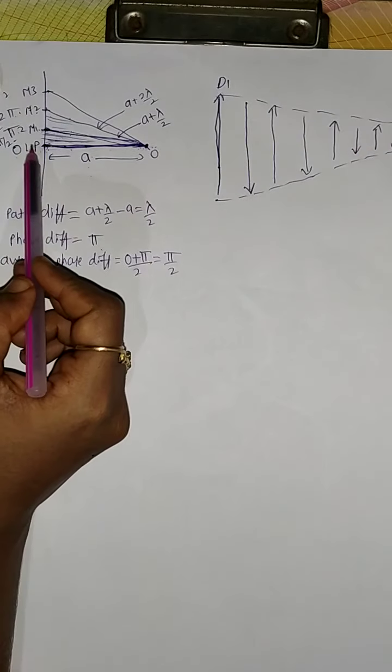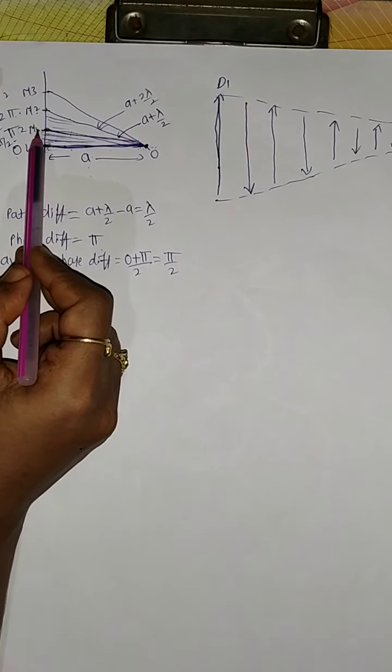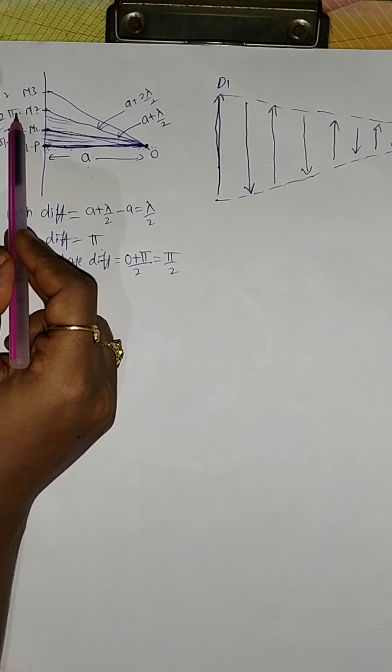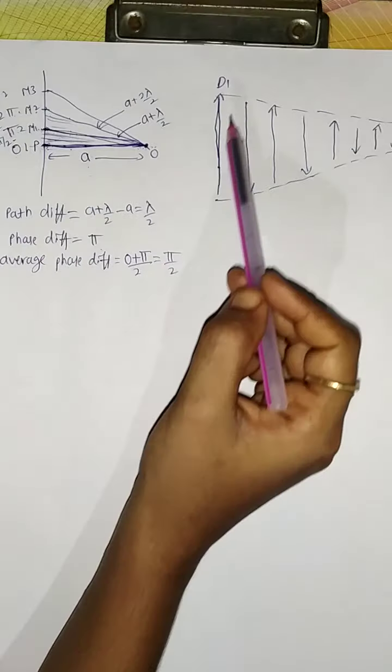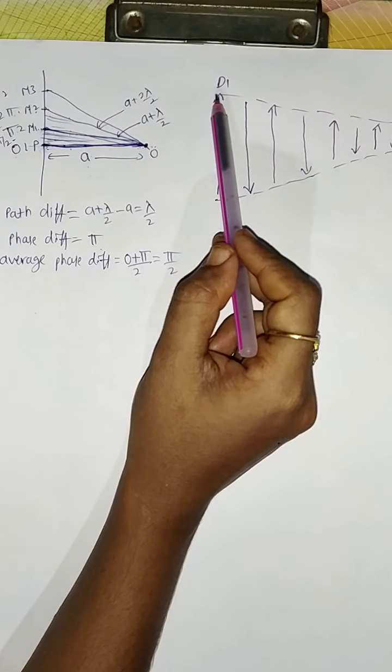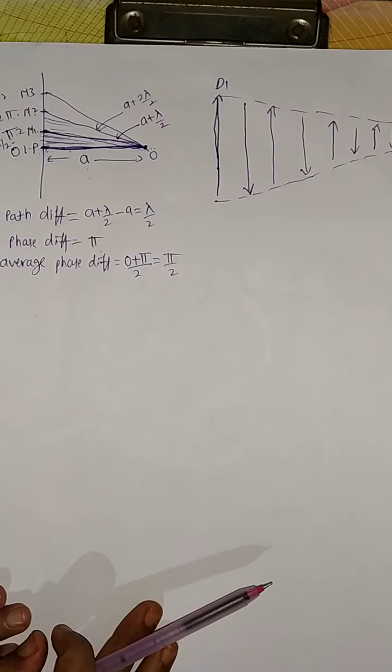And second, the phase difference between the first two zones is pi and between the second zones it is 2 pi. As phase difference pi means we are getting a positive and negative amplitude. Okay, so this is the reason.